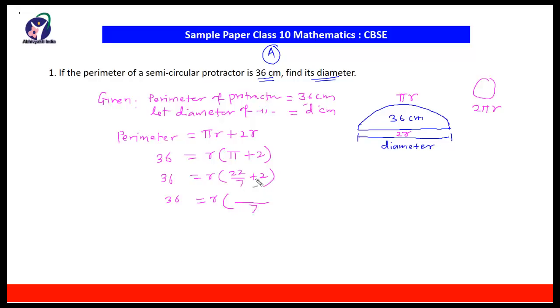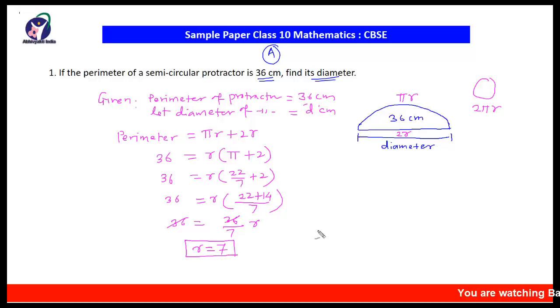We multiply here by 7, so 7 twos are 14. So it will be 22 plus 14, which is 36, upon 7, into r. Now this 36 and 36 will get cancelled. You take 7 to the other side and you get r is equal to 7.